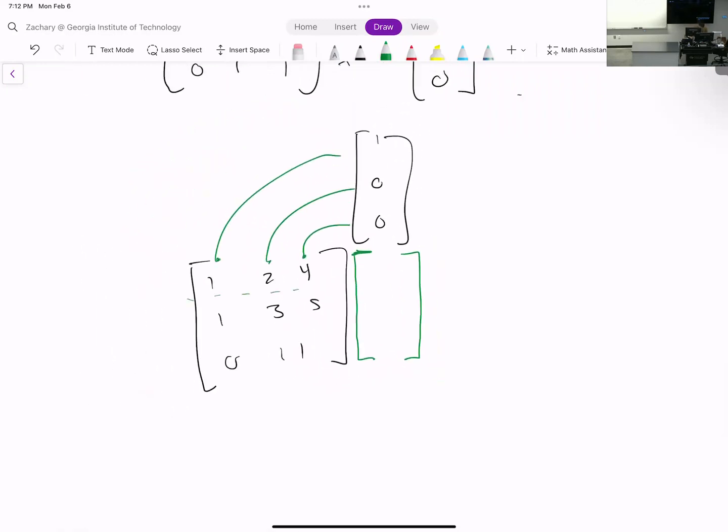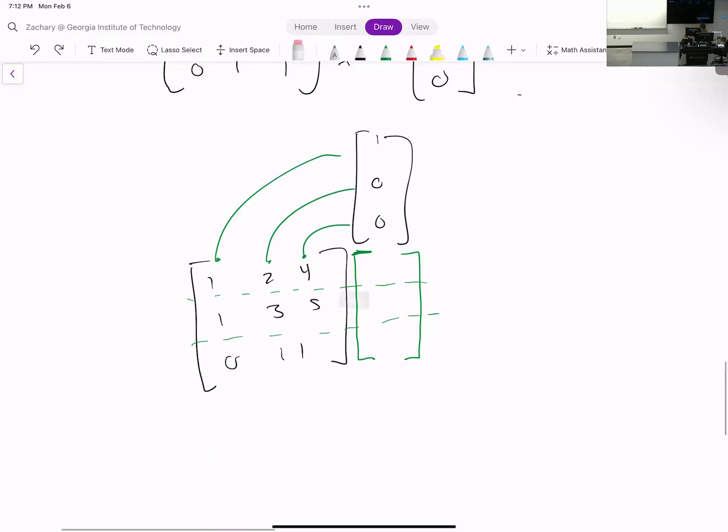People don't usually draw these little dashed lines, but I'm just showing them to make life easy. For this first spot, we follow the bridges for the row and column it's attached to. So that is this column and this row. Any matrix multiplication is just a sum of products.